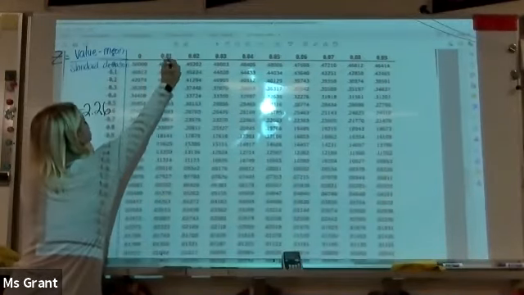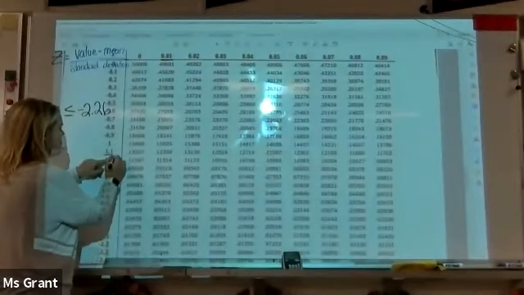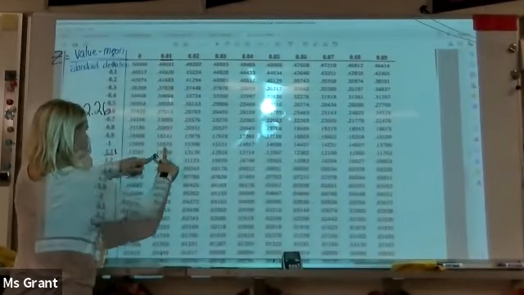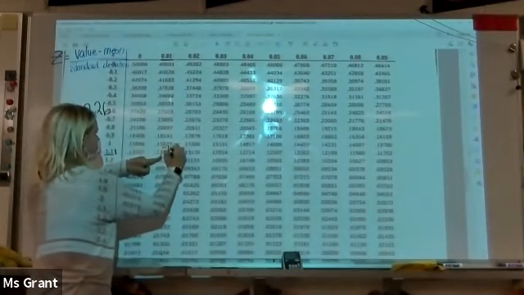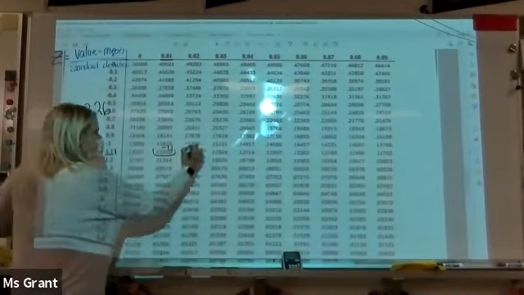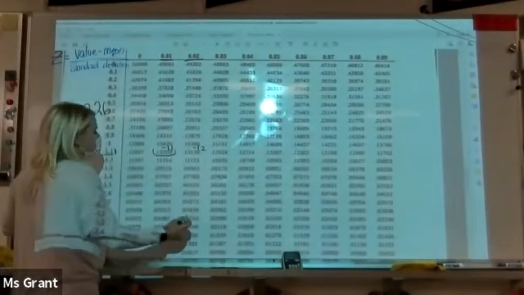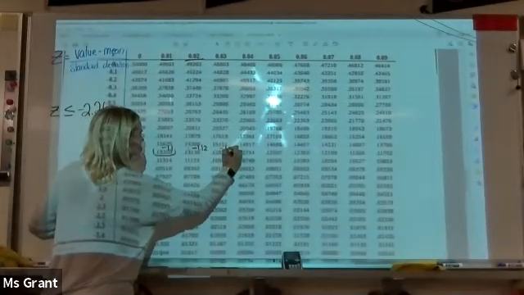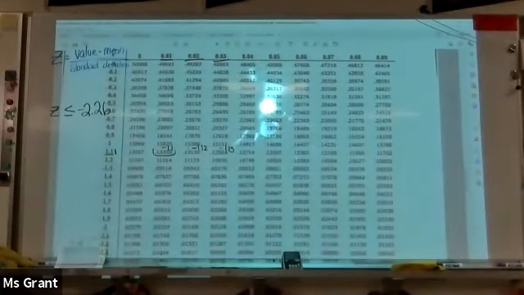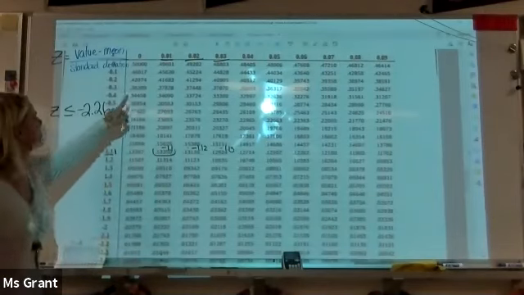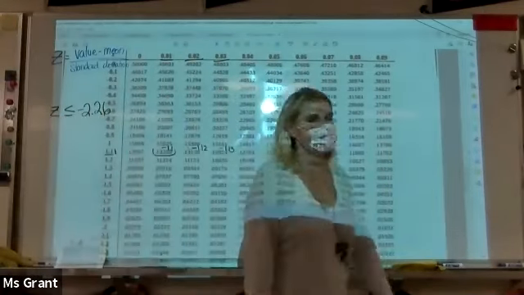If I wanted negative 1.11, I would go across: negative 1.12, negative 1.13. See the 3? So I use this chart: only the ones place and the tenths place is on the left. The hundredths value is up above.